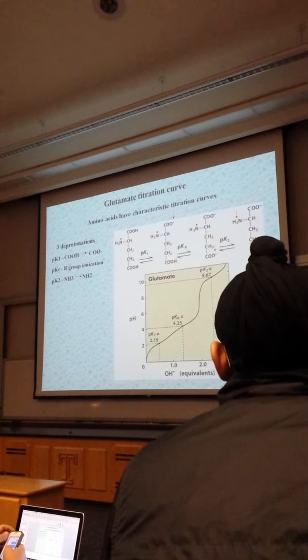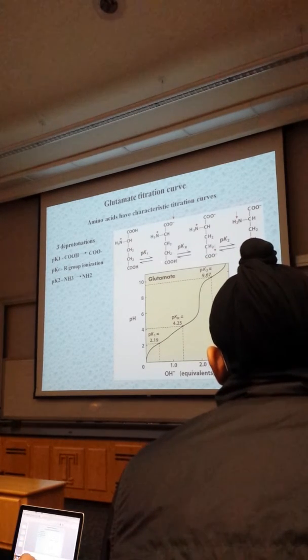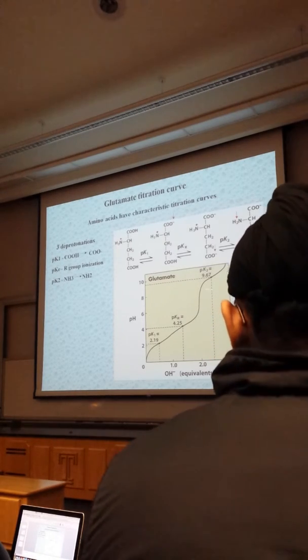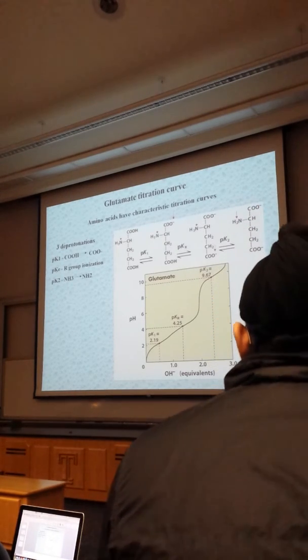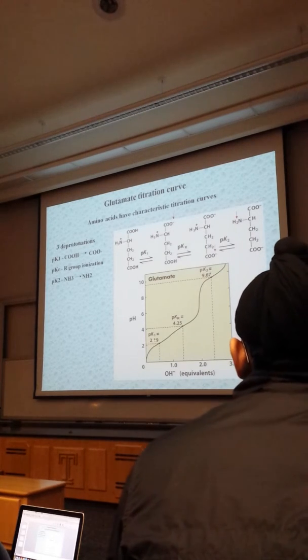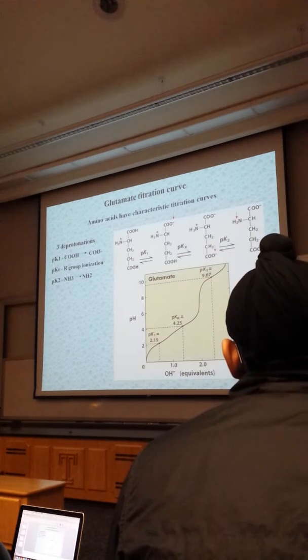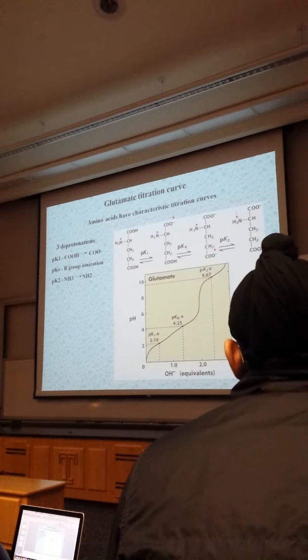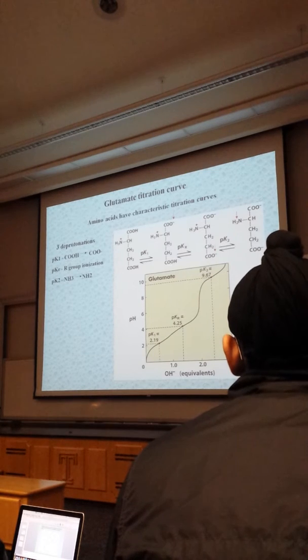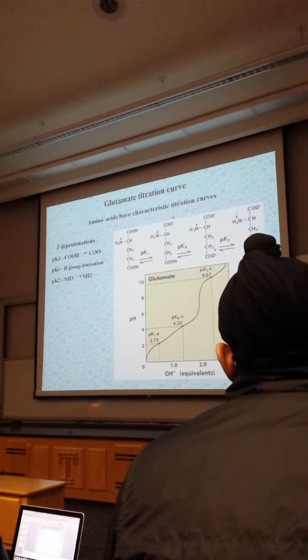For the pKr, or ionization of the R group, you're looking at a background pH of 4.25. And finally, for ionization of the amino group, you're looking at a background pH of 9.67. Okay? So do any of these actually ionize very easily in a cellular background? No, not easily. Most of the kind of titration that I've shown here would be done if you were using pure glutamate in the laboratory on the laboratory bench.